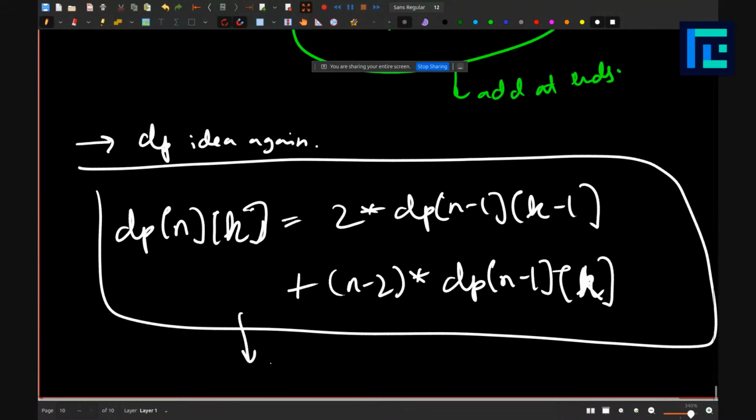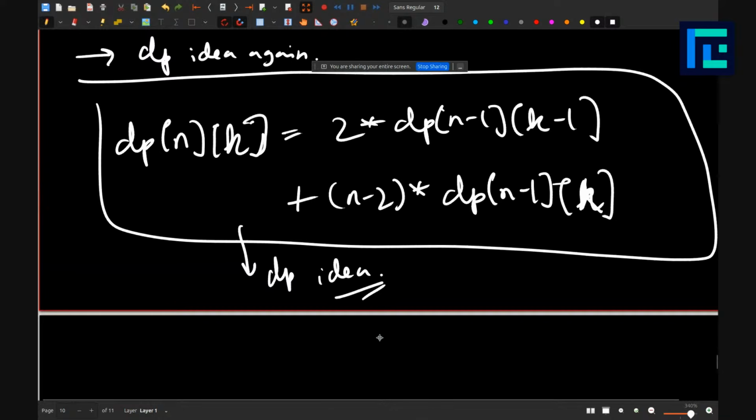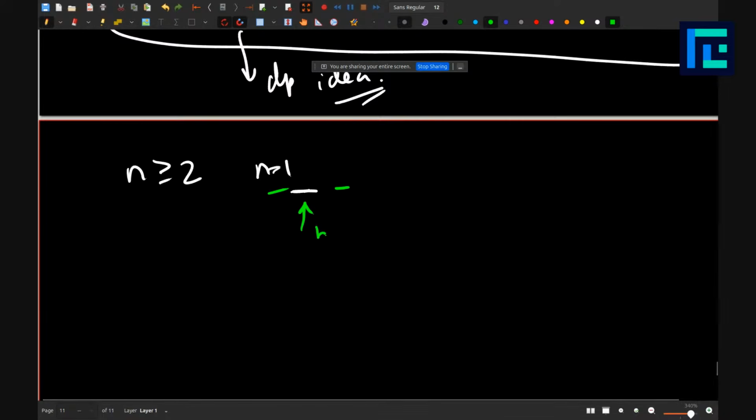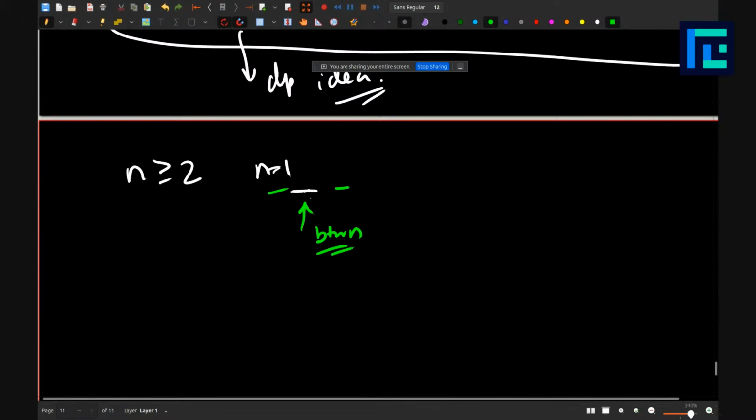So, a dp idea. Okay, what about the base case? When does this hold true? This holds true if you have at least n greater than or equal to 2, because when n is equal to 1, there is no meaning of adding in between.